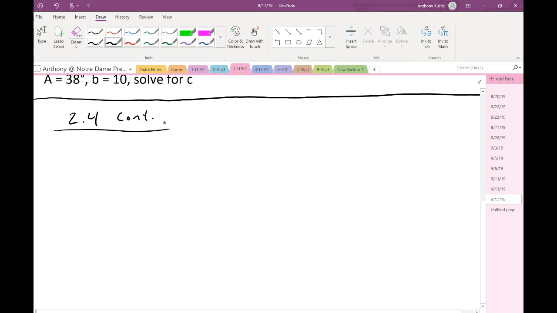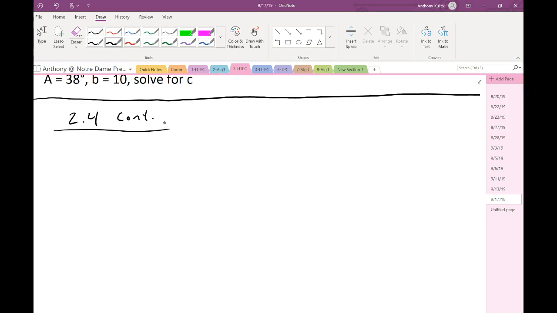And then we translated our right triangle definitions for sine, cosine, and tangent into a new definition. Instead of being based on the side lengths of a right triangle, they're based on the coordinates of a point on the terminal side of our angle that we embedded into the xy axis.